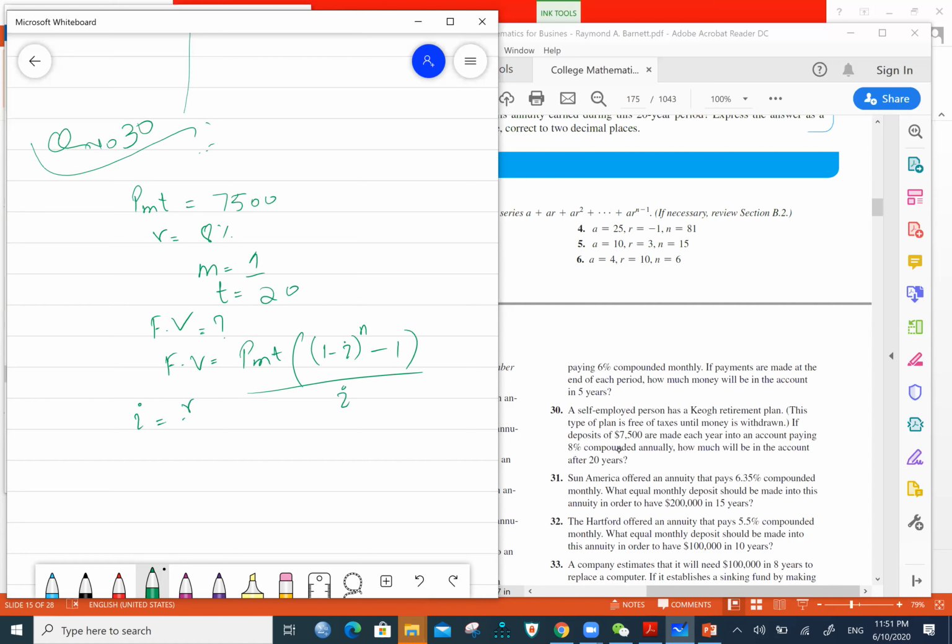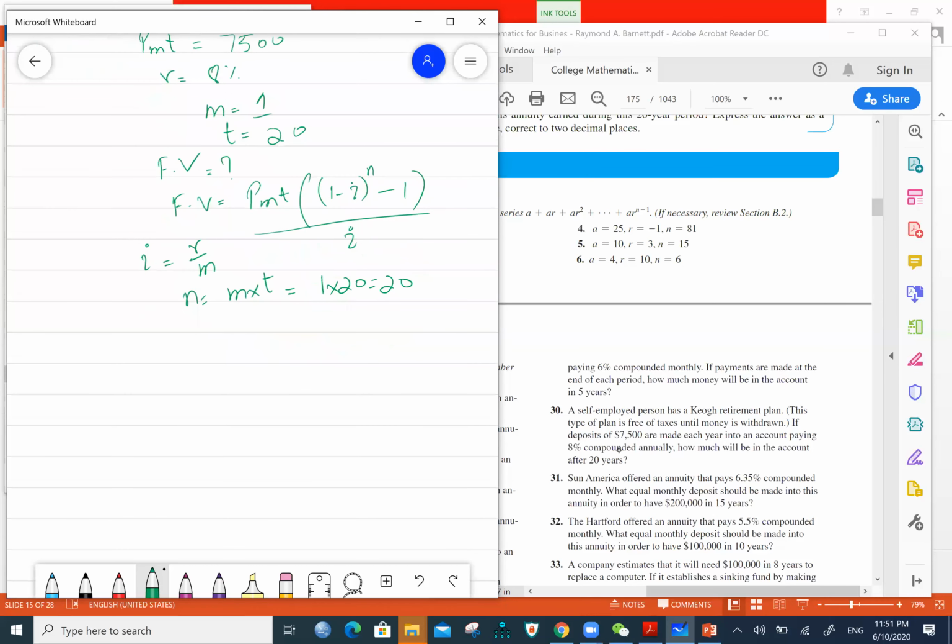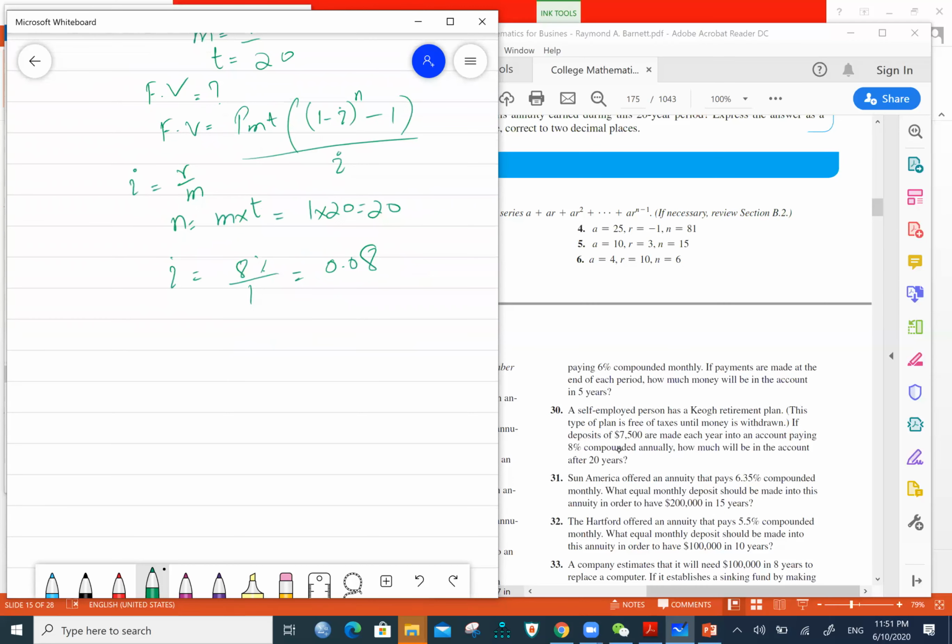Our i is R by M and n is M times T. M is 1, T is 20, so n is 20. i is R by 1, M is 1. 8 divided by 100 is 0.08. i is 0.08. So future value is PMT, 7,500. I'm not sure, did I write the correct formula? You can check it.